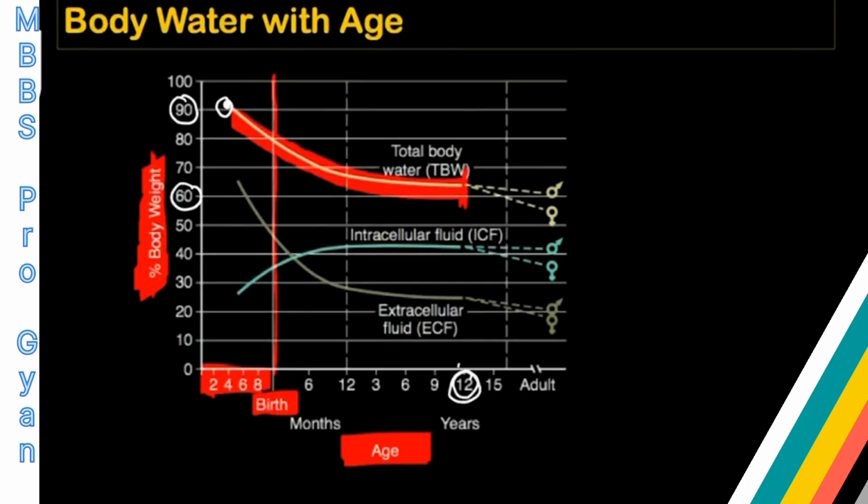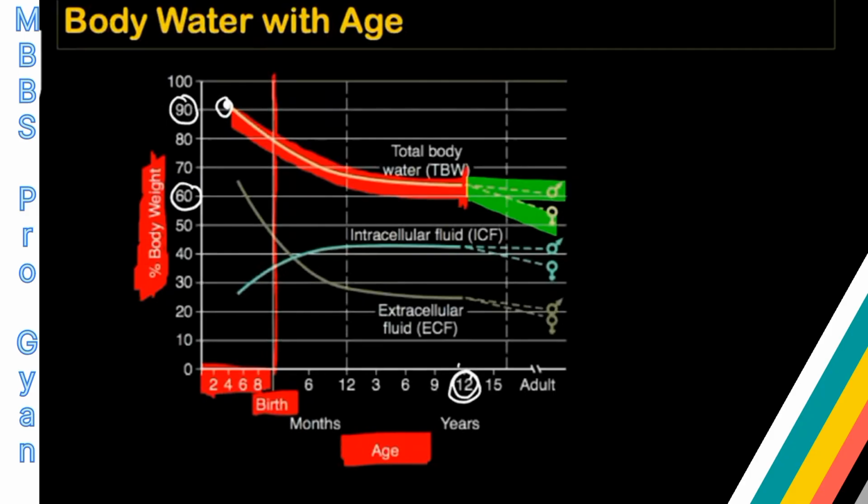Meaning 1 year, 2 years, 3 years, 4 years, up to 12 years of age, there is no difference in total body water content between boys and girls, between male and female. But after 12 years of age, the body water content of the male is more than that of the female.